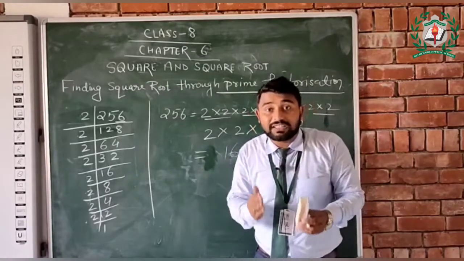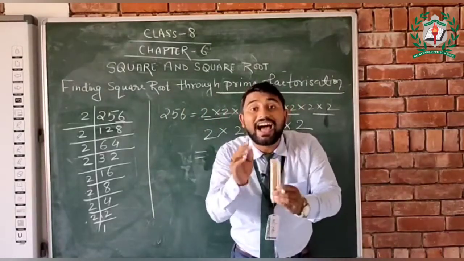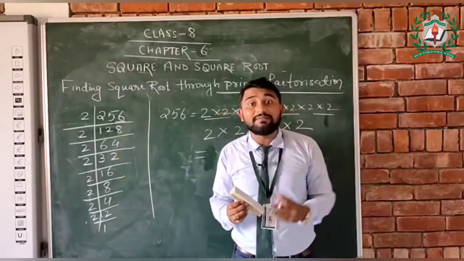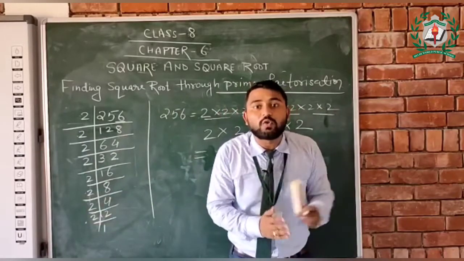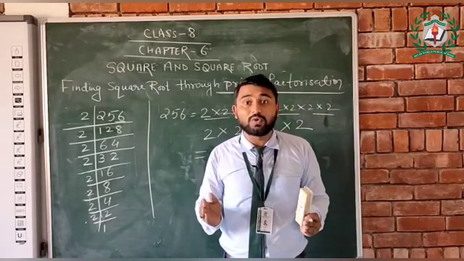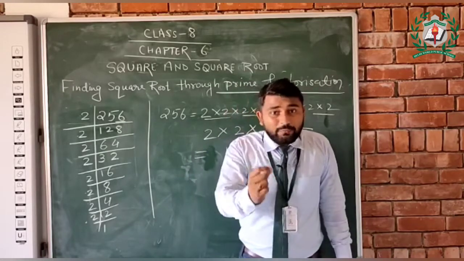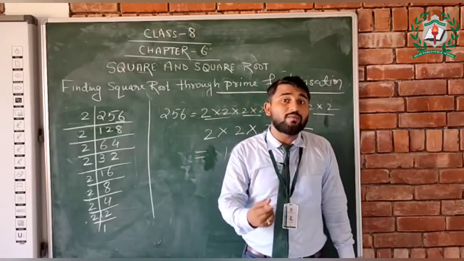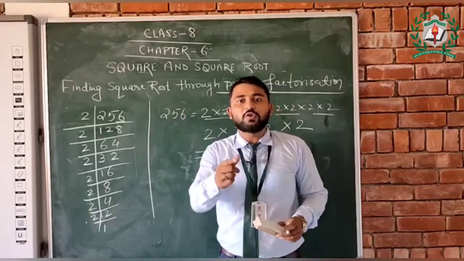After that we discussed finding the square root through prime factorization, which you have studied before. In the next video we will learn how to solve square roots by the division method. We are learning to find the square root by different kinds of methods. So try to find the square root of different numbers and solve all the questions belonging to these two methods. Till then, we will meet in the next video with a new topic. Bye bye.